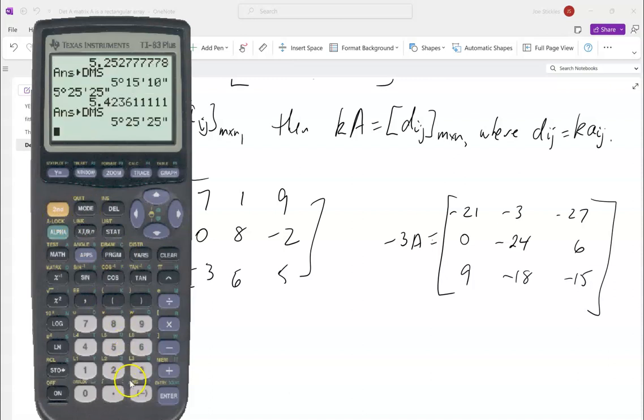If I want to do -3 times A, I can just type in -3, go back in your matrix menu and grab A, and it'll run it through it for you. So you would type the things in exactly how you would expect to.